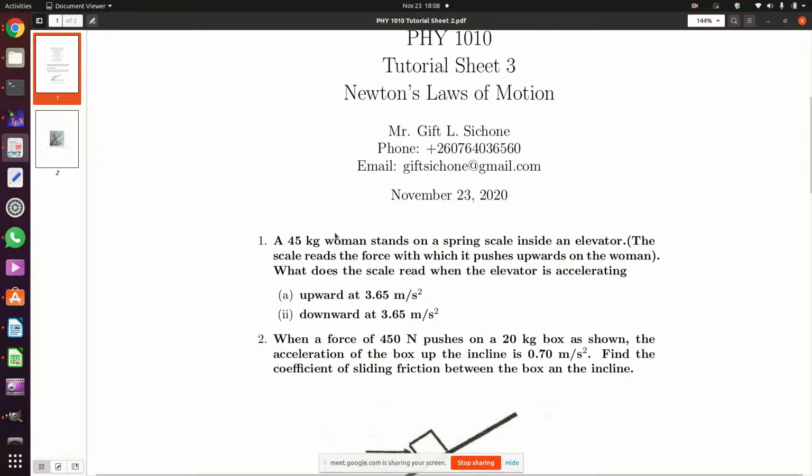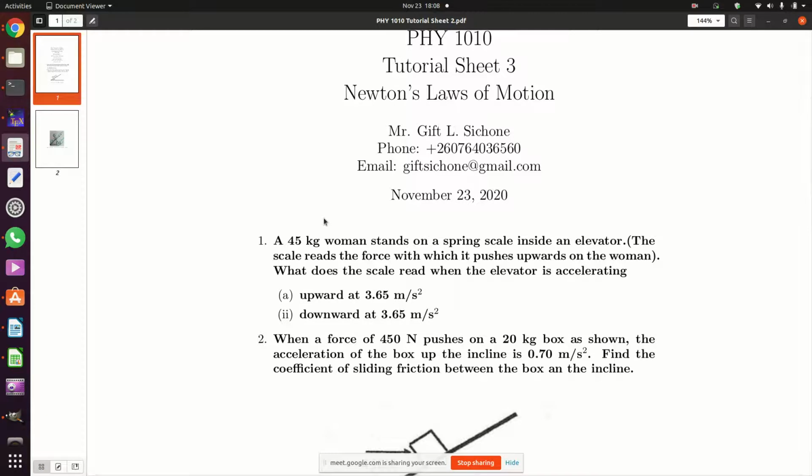So the first question reads as follows. A 45 kg woman stands on a spring scale inside an elevator. The scale reads the force with which it pushes upwards on the woman.